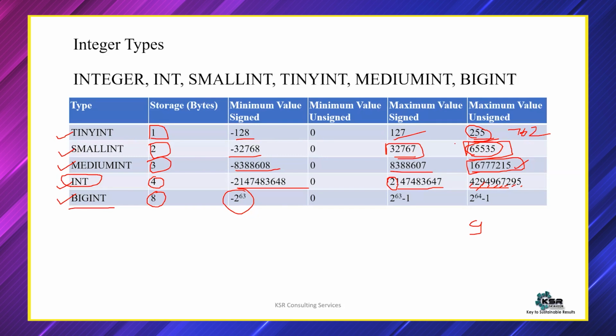Ritesh, I have a confusion here. We were referring to these numbers, like the maximum value unsigned, 65535.